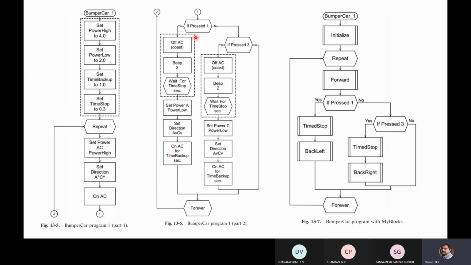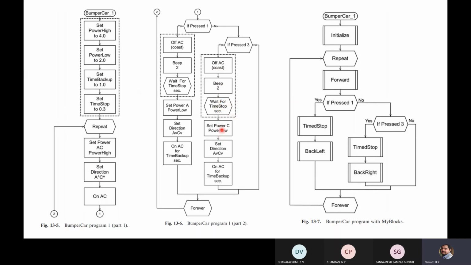Suppose instead of getting a signal from bumper 1, that is from sensor 1, the other bumper touches the obstacle. The same procedure will be followed. Once again you will switch off the motors, then beep sound, then wait for a few seconds.